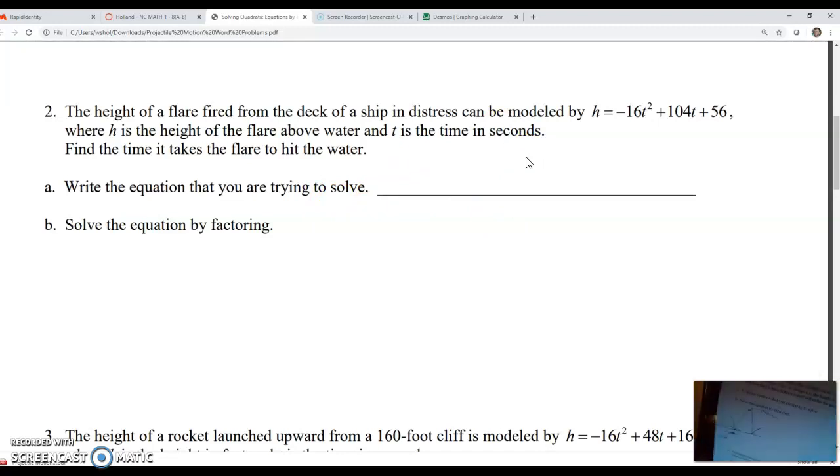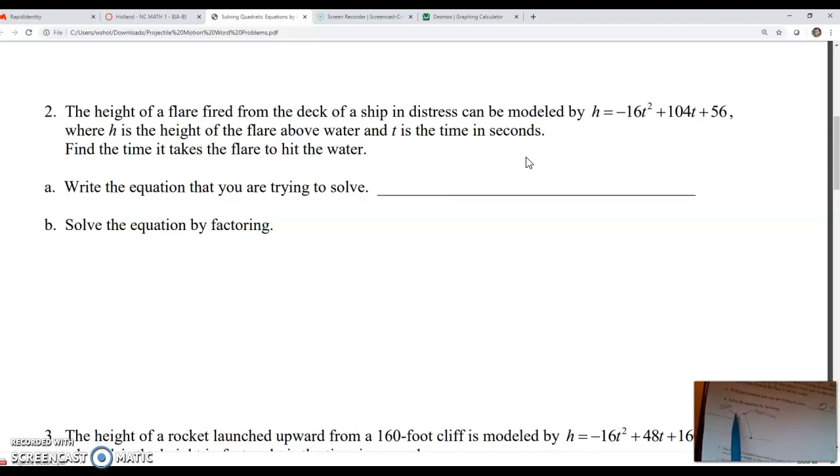So for the second example, I need to turn this over, sorry. We would say that we want to make this equation equal to 0. I did draw a little diagram here. We've got the ship, and you'll notice that we're shooting the flare off of the deck.